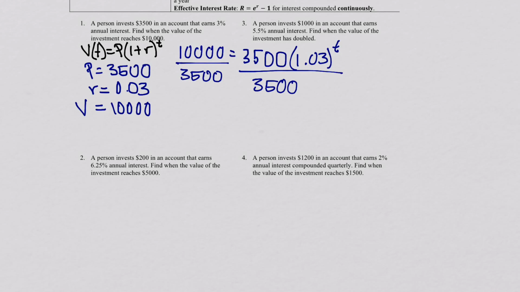So 10,000 divided by 3,500. My calculator says 2.857. Here they cancel, so equals 1.03 to the power of T.